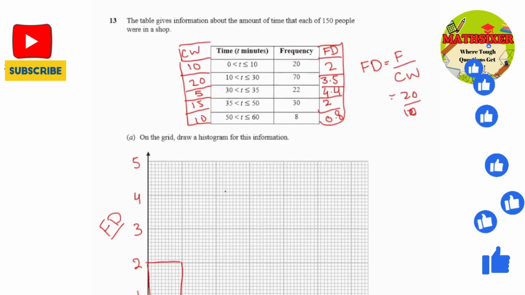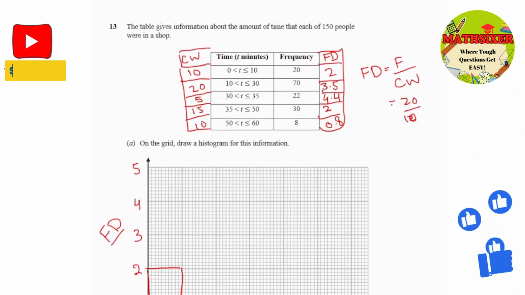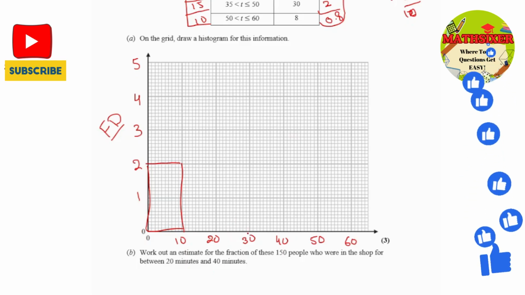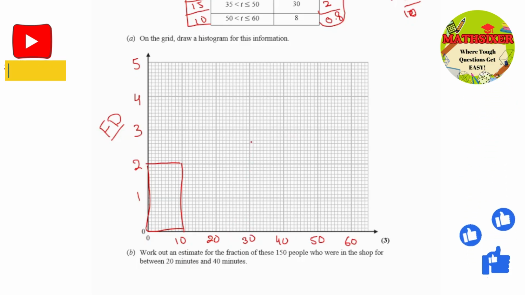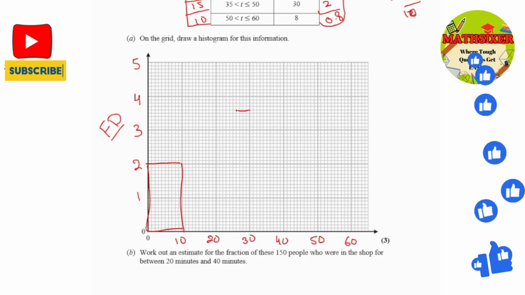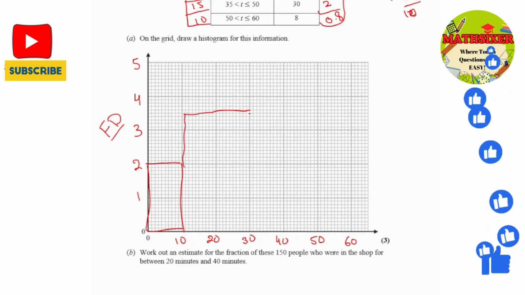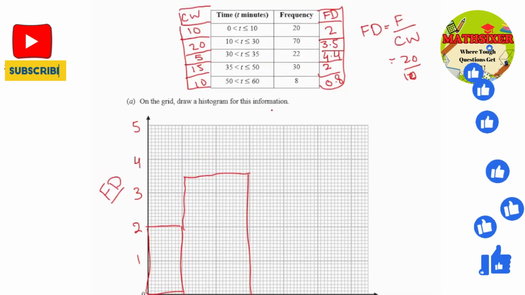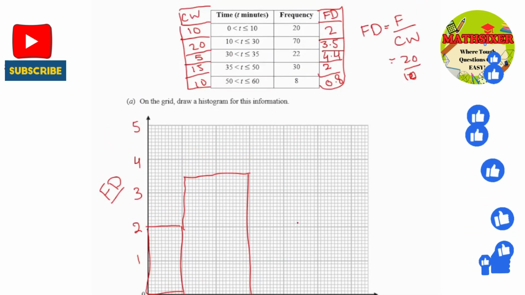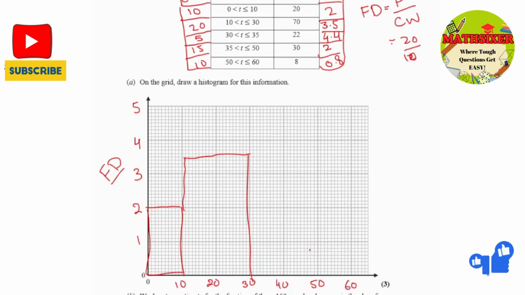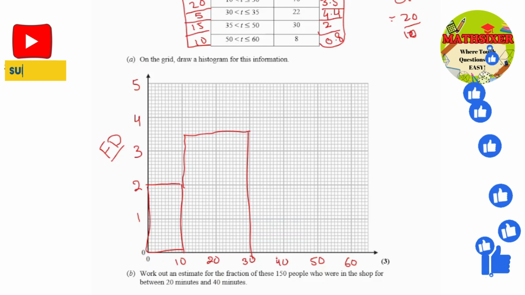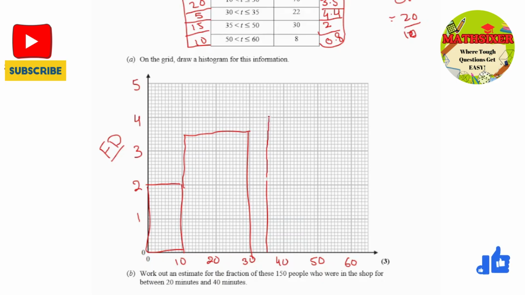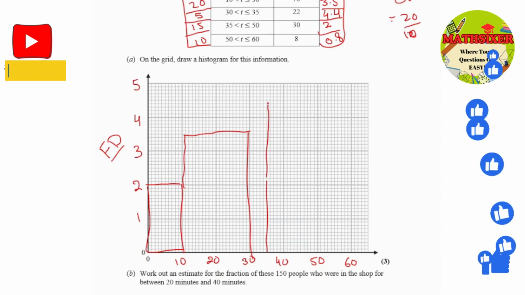And the next one we have 10 to 30 and the frequency density is 3.5. 10 to 30 and it is 3.5, somewhere here. So this is 10 to 30, 3.5. The next one we have 30 to 35, which is 4.4, somewhere here.